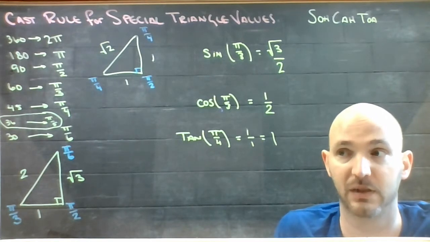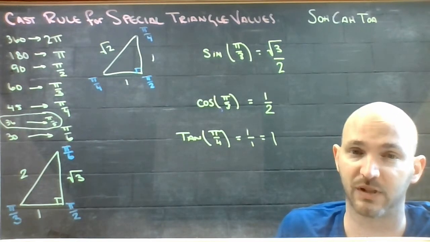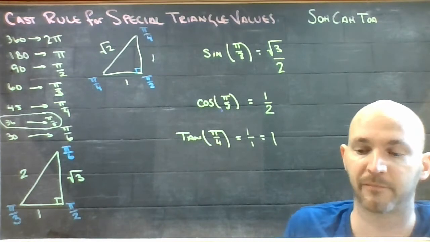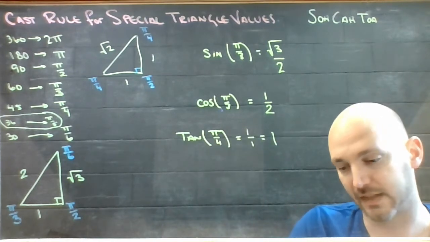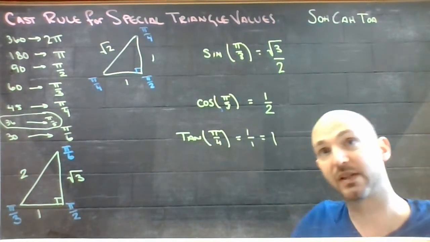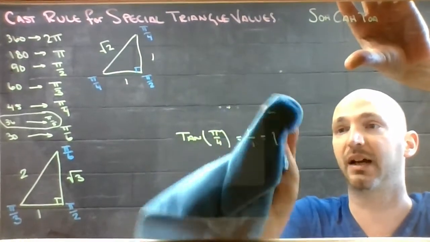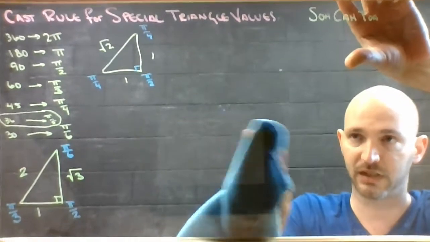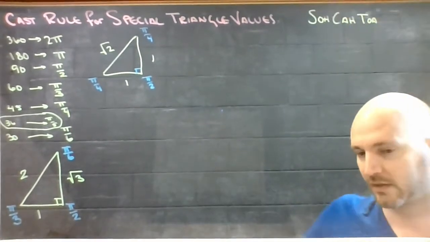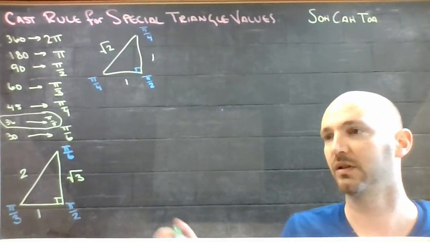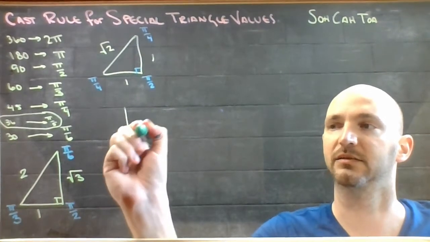Divide by 4, tan of that should give you 1. So now that you've got the basics here, we can try it on some obtuse angles. And for obtuse angles, we're going to have to pull out cast rule, if you remember that. So cast rule looks something like this.